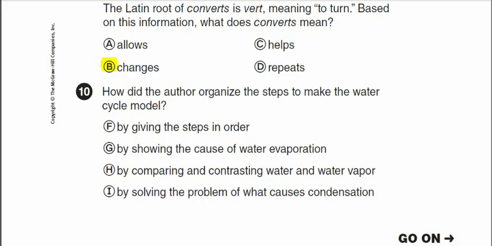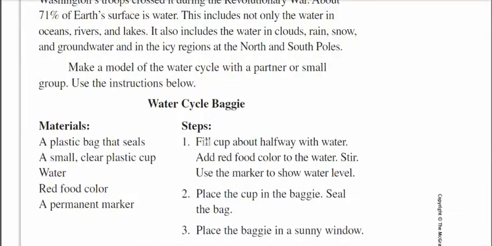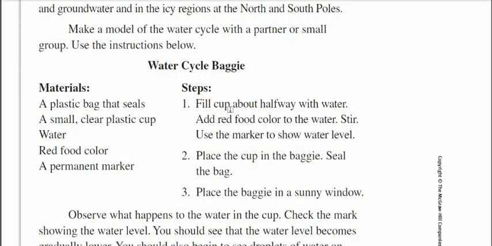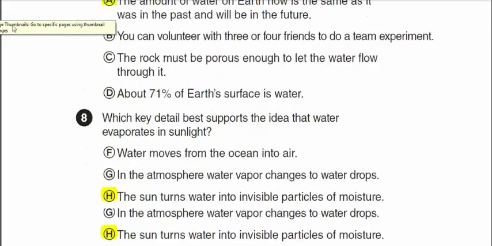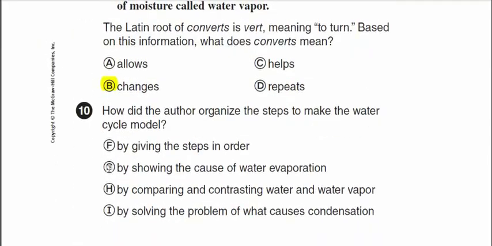If we look again at the steps here, we have them in order 1, 2, 3. So our choice is going to be letter F, by giving steps in order.